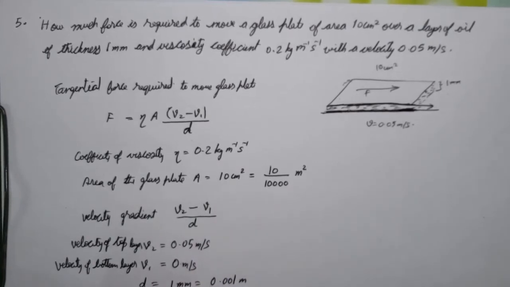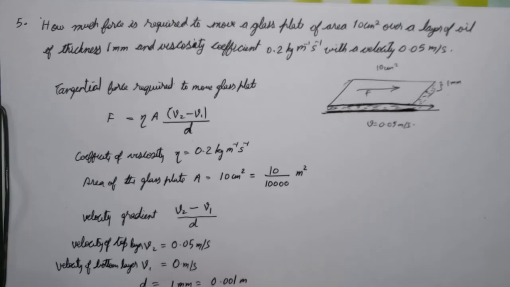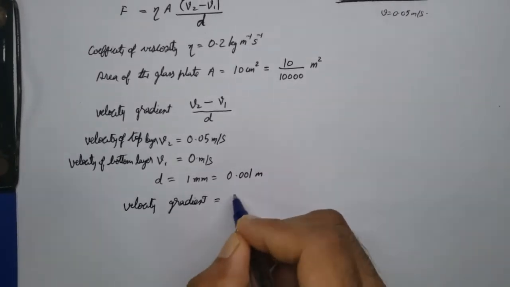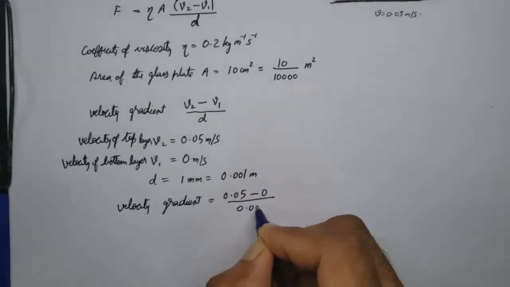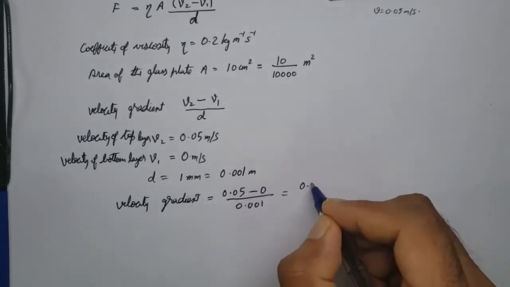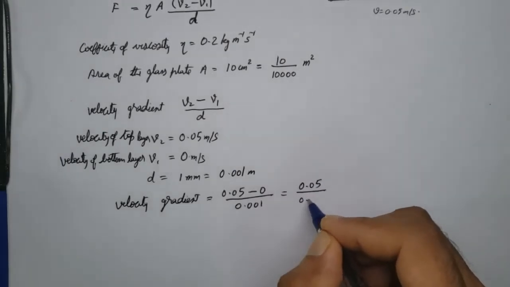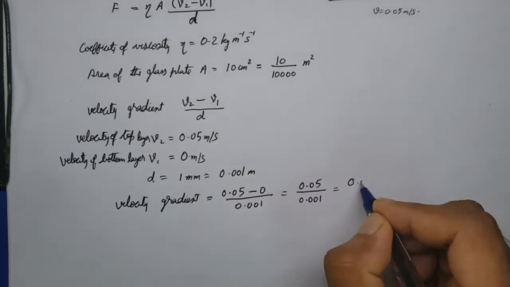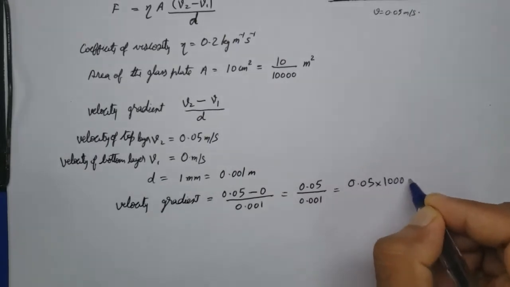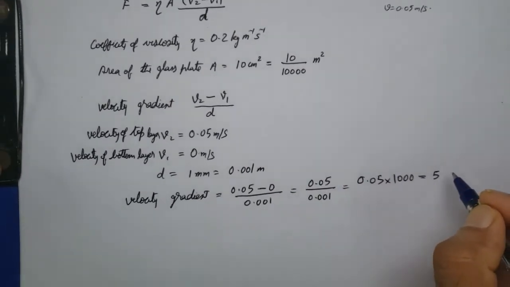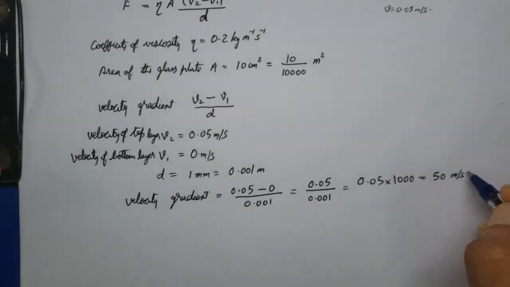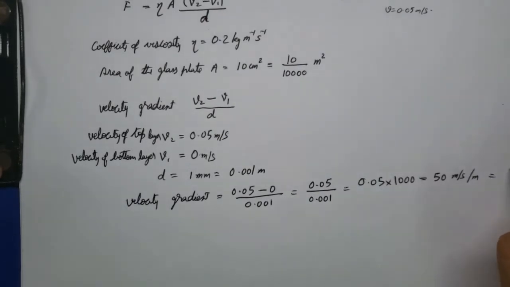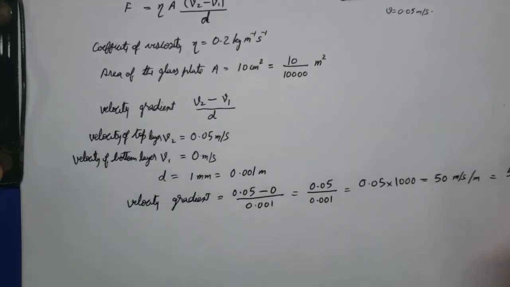Velocity gradient is equal to 0.05 minus 0, divided by 0.001, which is 50 meter per second per meter, or 50 per second.